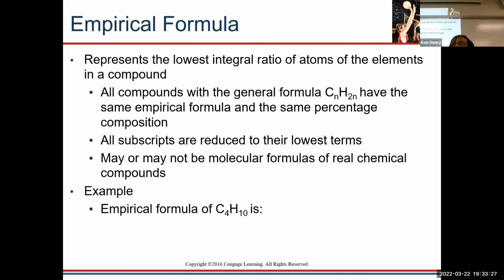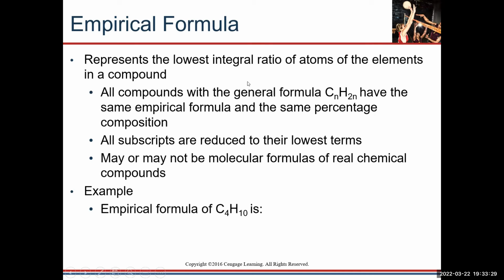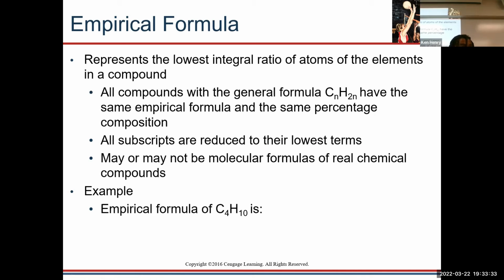The empirical formula is the lowest integral ratio of atoms to atoms in a compound. In other words, we're going to divide it so that we can't divide it anymore by a whole number.